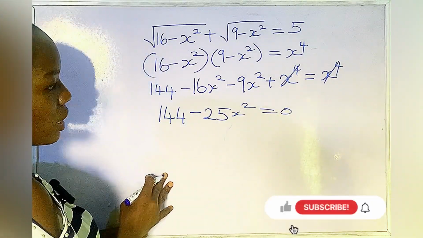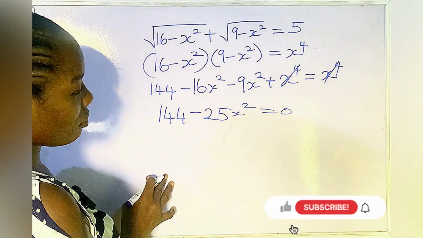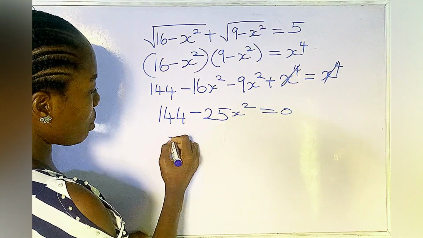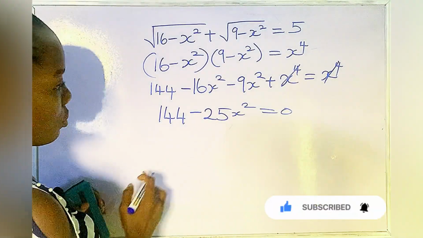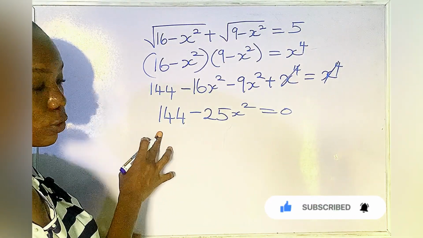All right, so let's find the value of x here. So this becomes minus 25x squared. What we'll do now is subtract 144 from both sides.